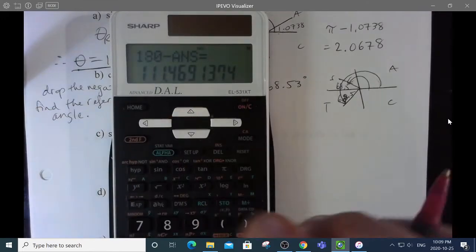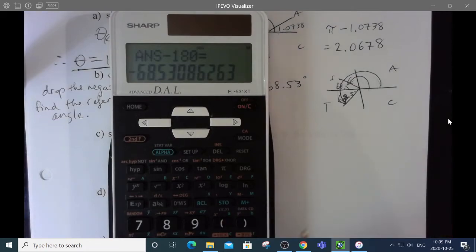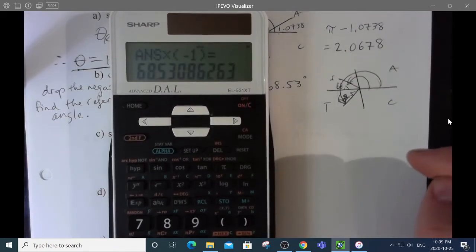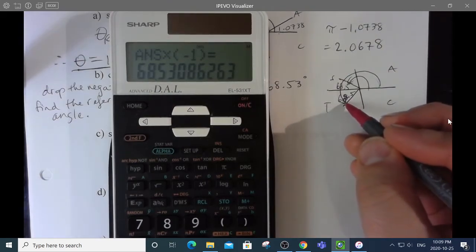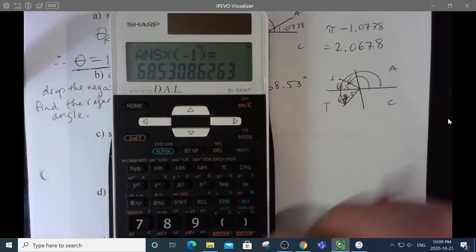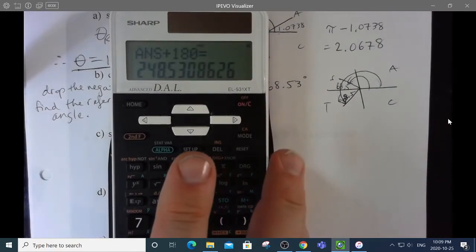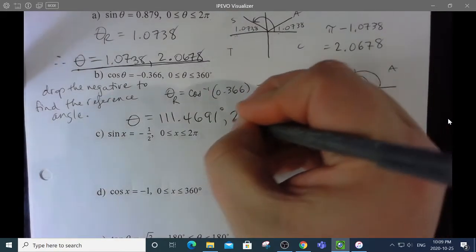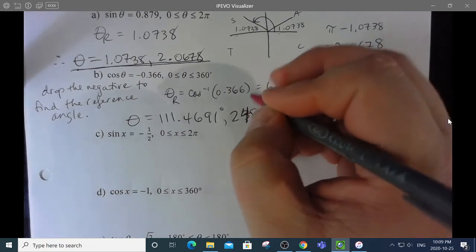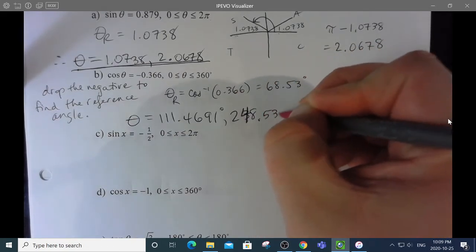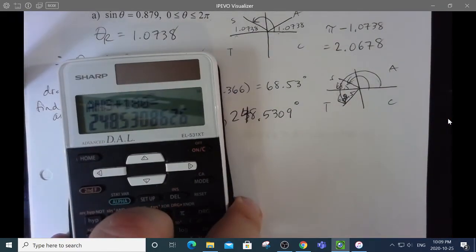So take my original answer, and then on this bigger angle here, I have to add it to 180. So plus 180, and that's 248.5309 degrees. And that is my two answers, 248.5309.